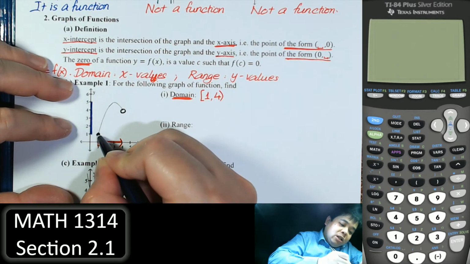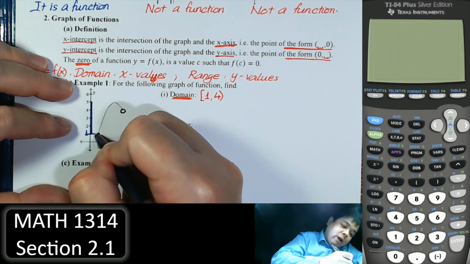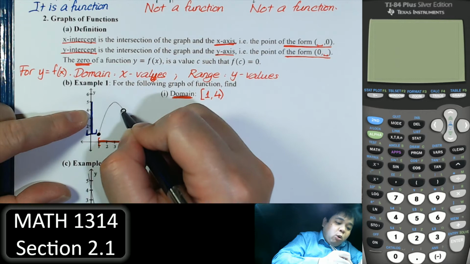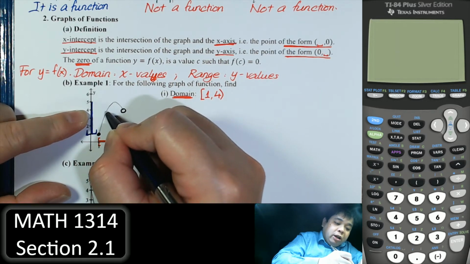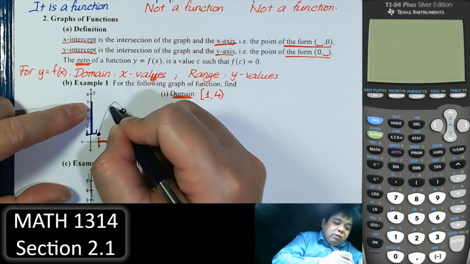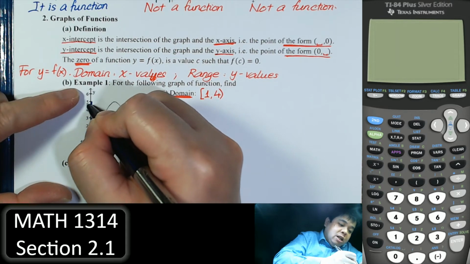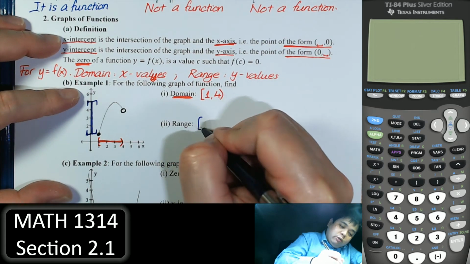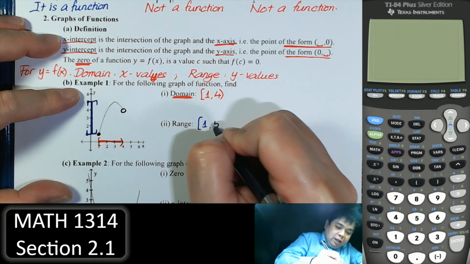It certainly has the point here, so that is the bracket. Even though we're missing a point at 4, there's a point at 4 here. So just go from 1 to there, and by default, if we don't have an empty circle, it is understood to be a solid point. So we just have from 1 to 5 as the range.